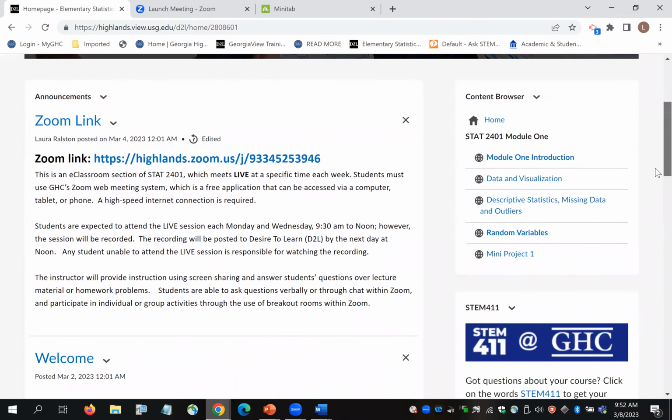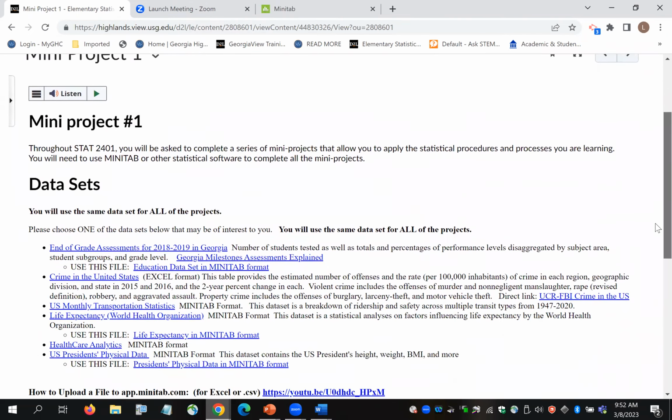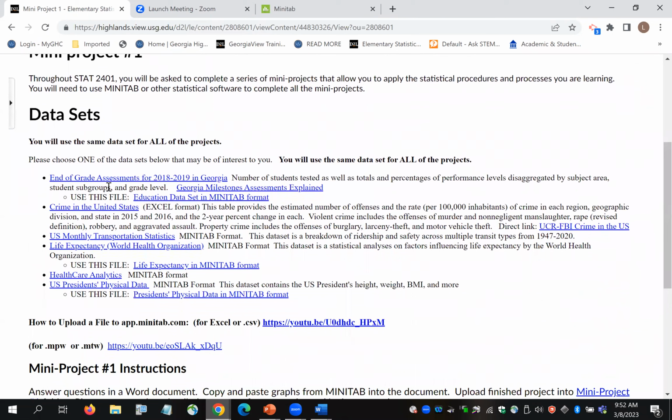So if I navigate over to Mini Project 1, I have provided 6 different options for you to choose from. So there are 6 different data sets, and you may choose which one you want to use for every single project throughout the semester. Once you choose a data set, you're going to use it for everything.